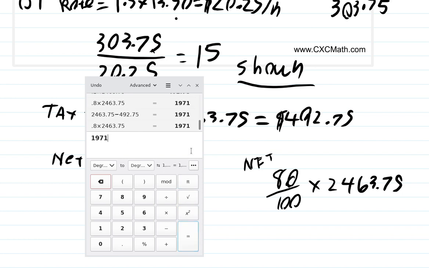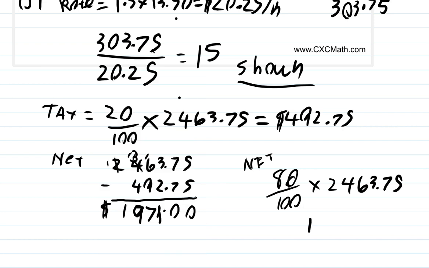And you get the 1971. So you get $1,971. Or you find 0.2. You find the tax, then subtract the tax from the gross earning, and you get your 1971 here too. Alright, so that's what you have there.